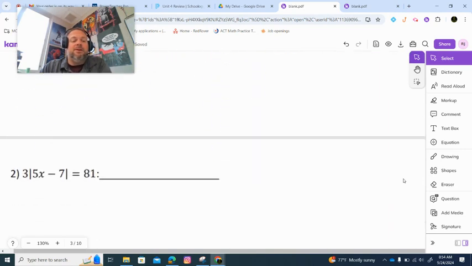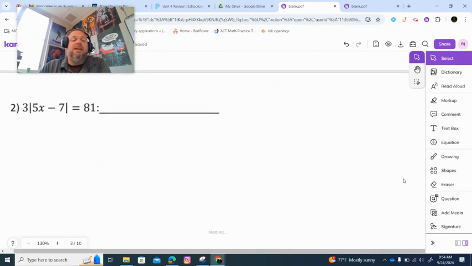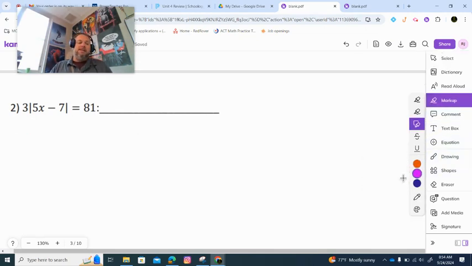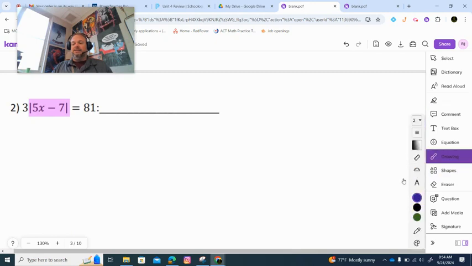All right, moving on. Number two, is the absolute value isolated? What does that mean? Is it by itself? No, it's not. I'm going to have to divide by 3. I think this is 17.